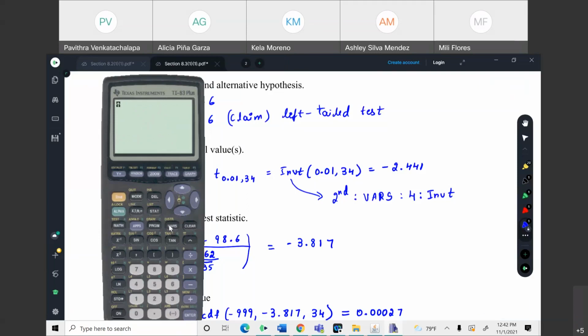Yeah, there is no inverse t in TI 83. I think it will not work, but can you try inverse norm and check whether you get the same value? No, ma'am.